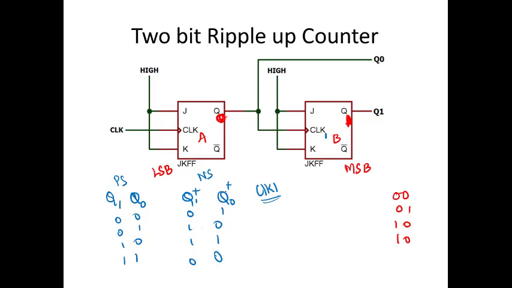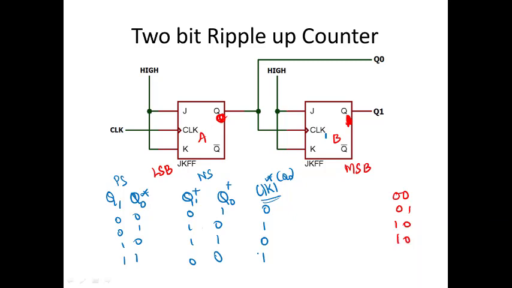This is same as your Q0. This one is same as your Q0. Okay. So this will be 0, 1, 0, 1. Like this I can write the state table.